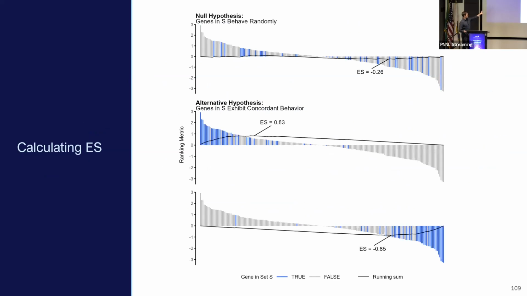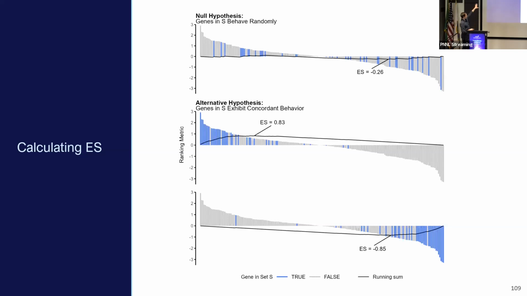So here's a way to sort of visualize what's going on here. At the top here, we have an example where the genes in a particular set S behave randomly. That is, the genes in blue are distributed pretty uniformly throughout this ranked list.